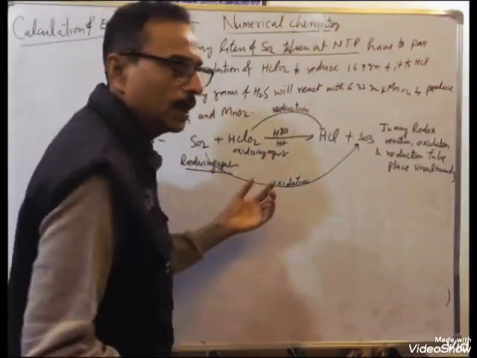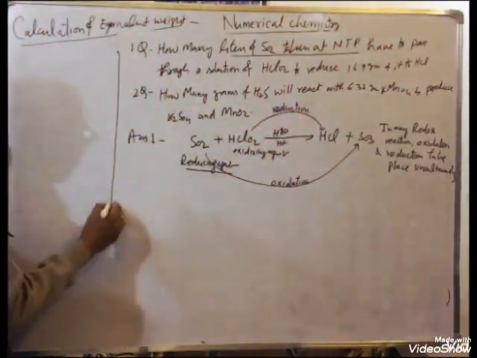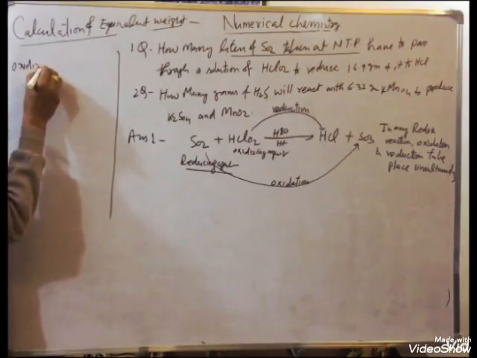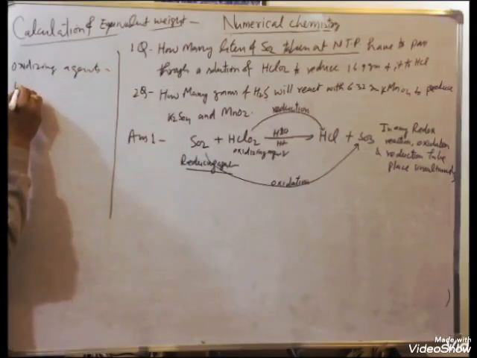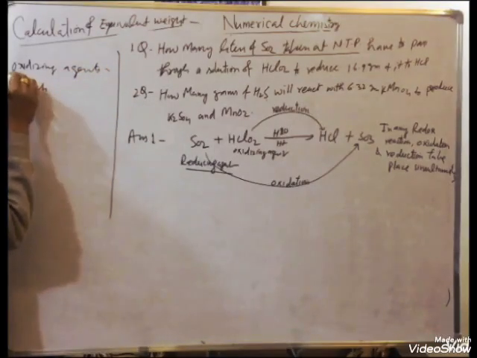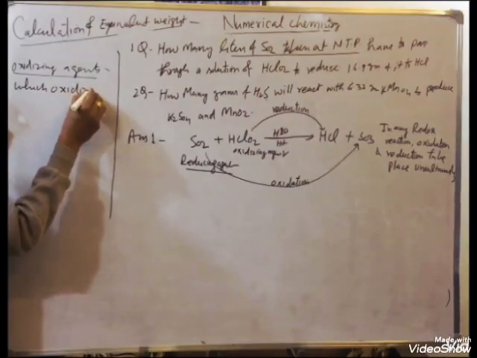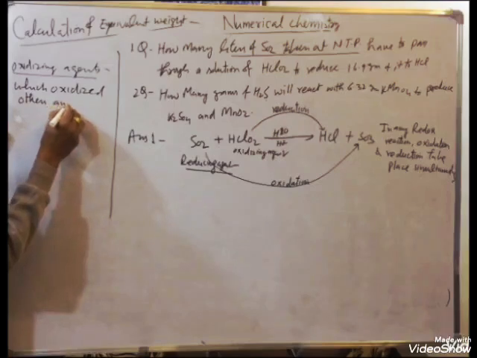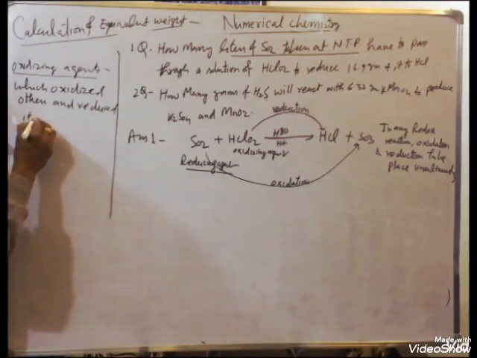I will tell you in detail in the redox chapter, but here note down the oxidizing agents: which oxidize others and reduce themselves.